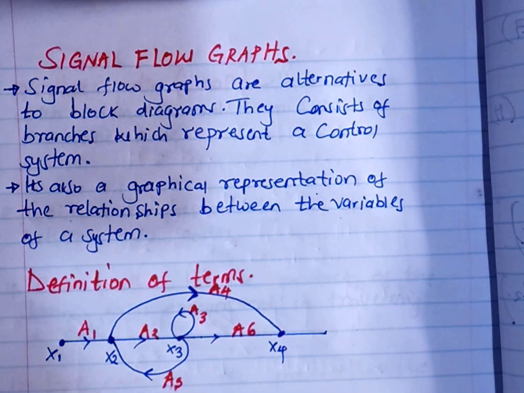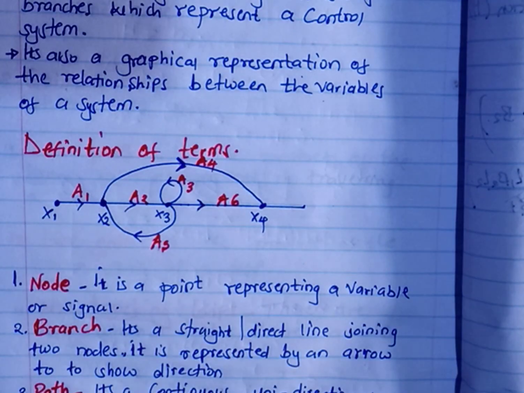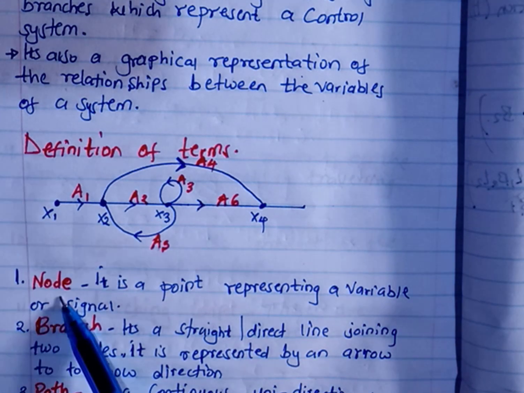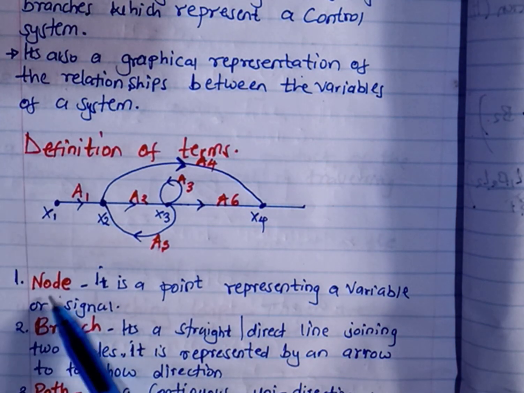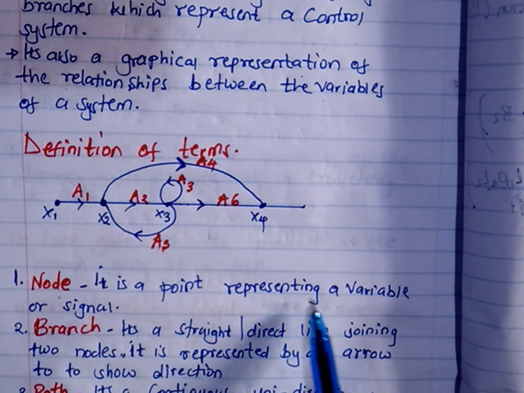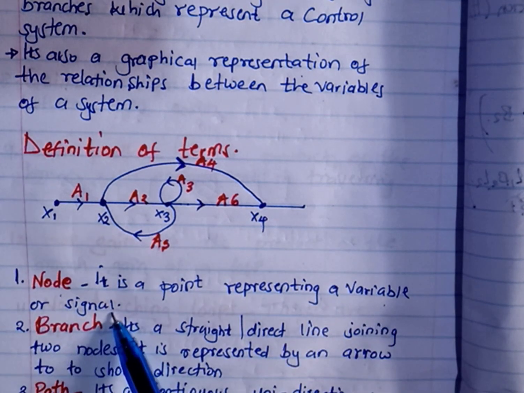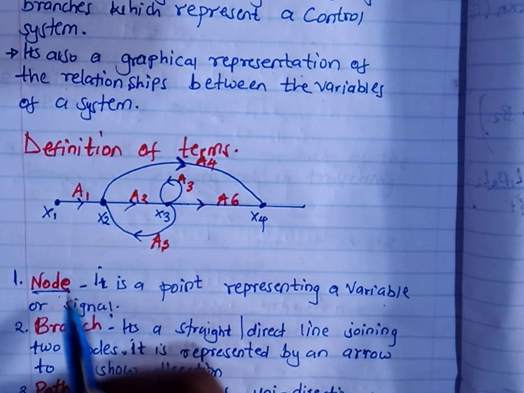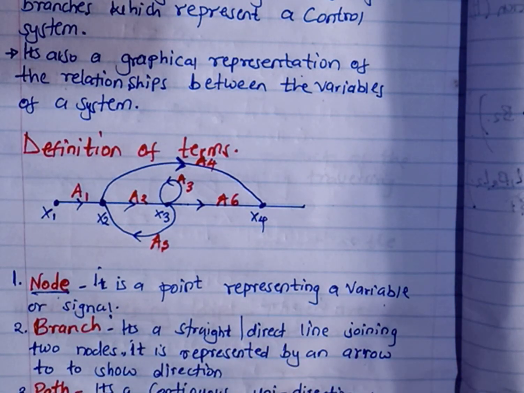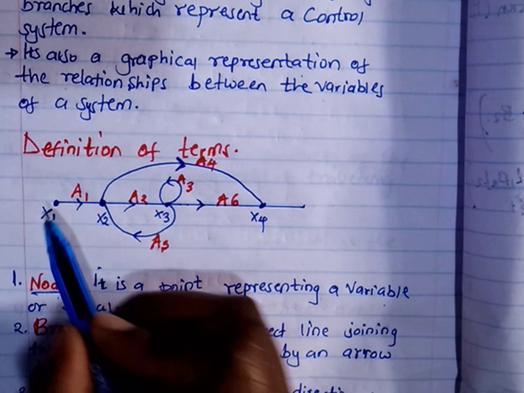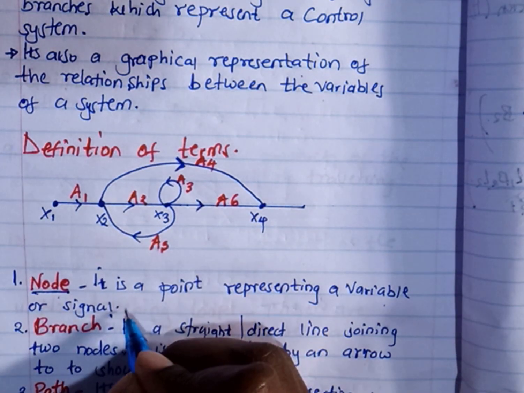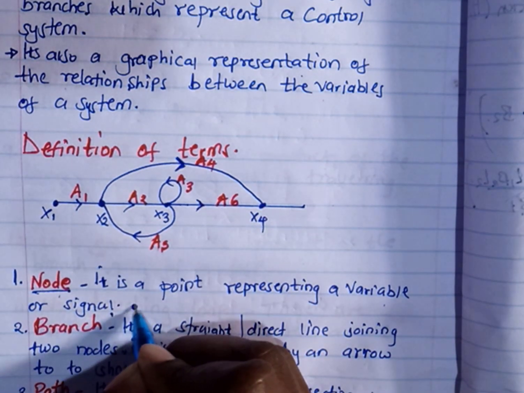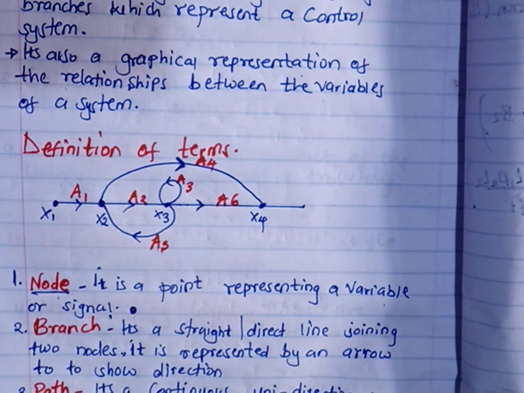The first term is a node. A node is a point representing a variable or a signal. It is represented by a circle or a dot.